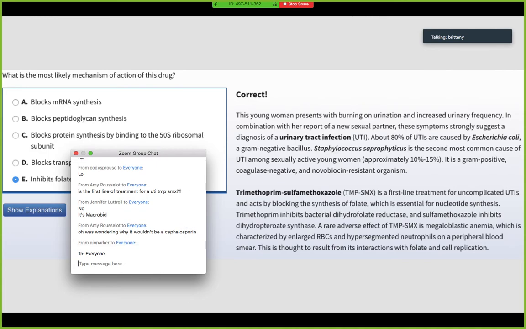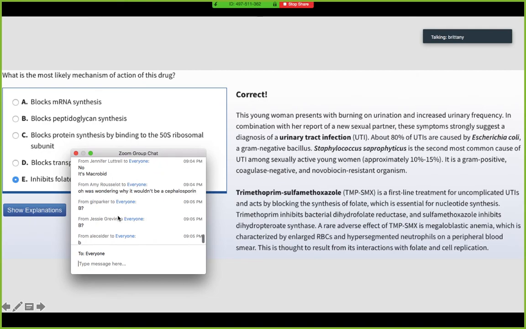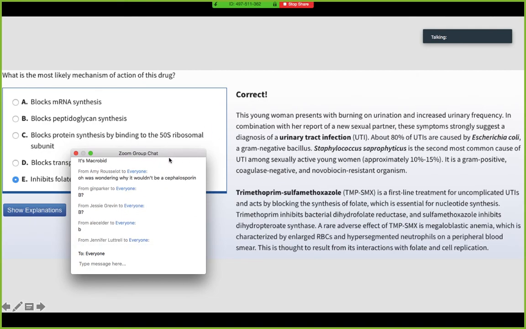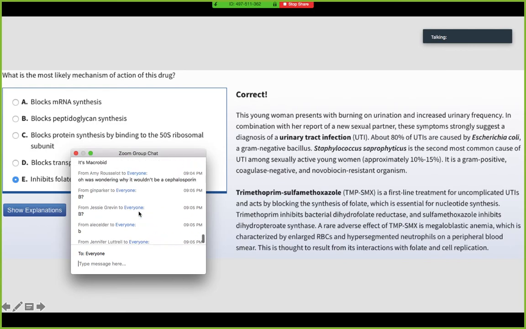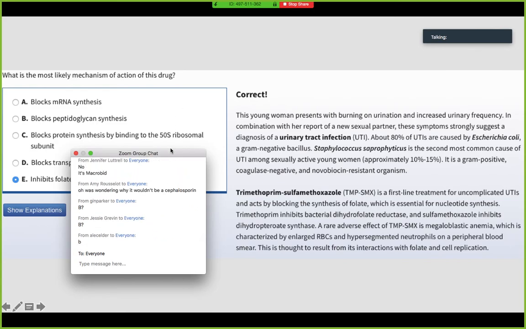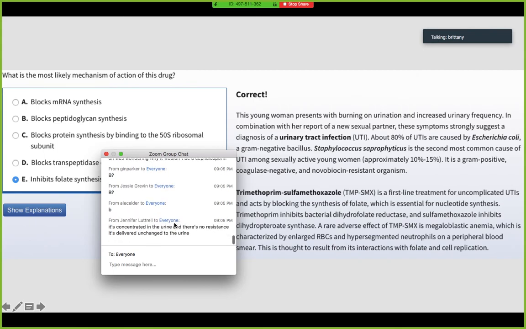If it's an uncomplicated UTI, why would it not be cephalosporin? I guess you could, but the first line treatment for UTI is usually TMP-SMX. Okay, it's concentrated in the urine and there's no resistance. It's delivered unchanged to the urine.